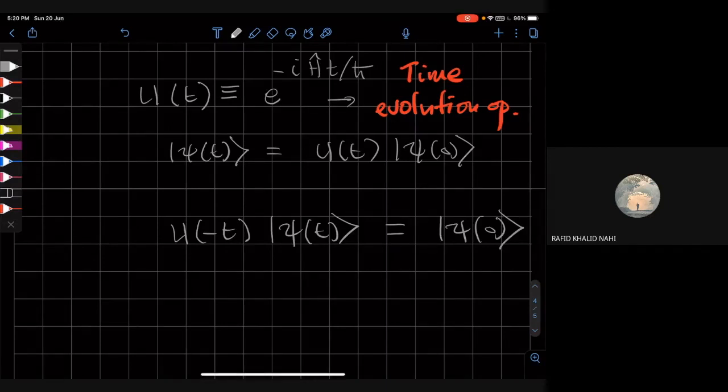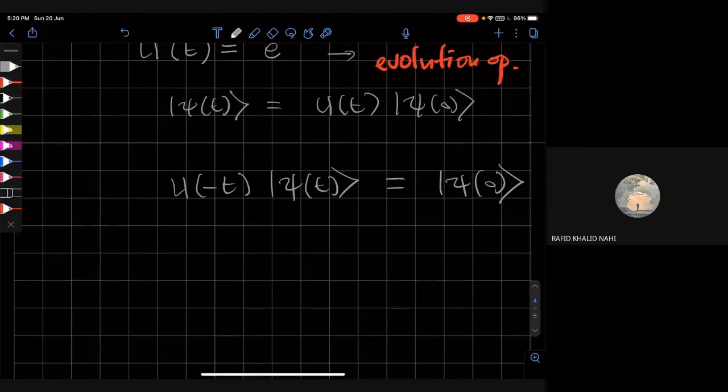So this is very important: in quantum mechanics, the time evolution operator can evolve both forward and backward in time, just as in Newton's equation, right? So this is an information preserving action. It's not like thermodynamics, where you can't go back, as for irreversible systems.